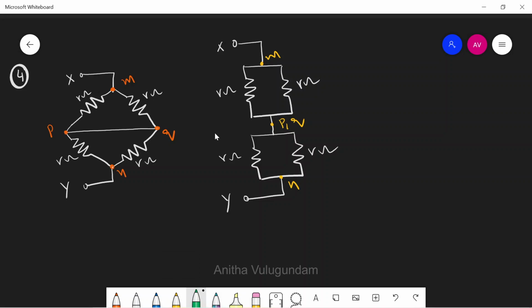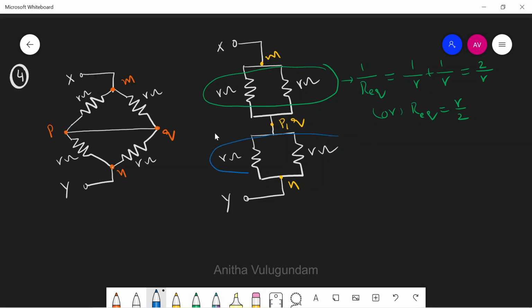From this circuit we can easily say that these two are in parallel. We can write 1 by R equivalent of this is 1 by R plus 1 by R, that equals 2 by R, or R equivalent equals R by 2.